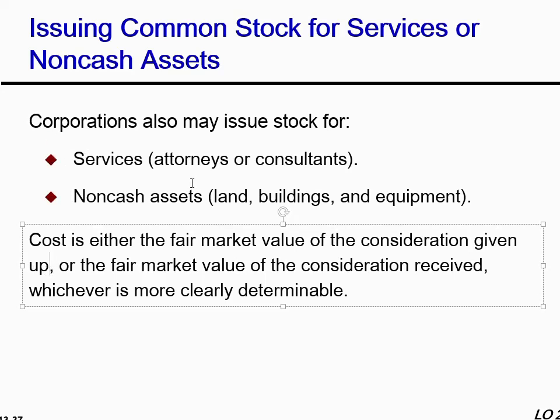What is the consideration given up? The company is giving shares, so that's the fair market value of the shares. Or the fair market value of the consideration received. What is the company receiving? The services or the land and building, its fair value. Whichever is more clearly determinable, whichever is more reliable, consider that for recording purposes.